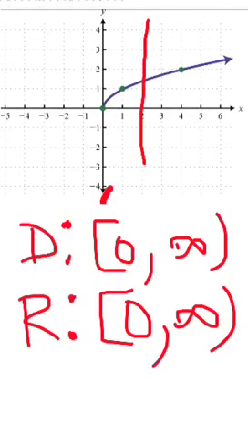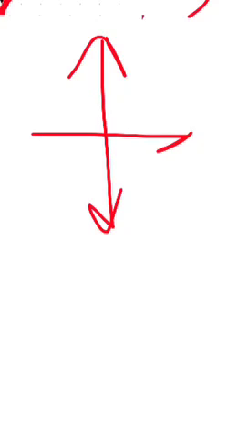If, for example, and let me draw a graph here just to illustrate. Say we're given a circle, and we need to determine if this graph is a function or not.